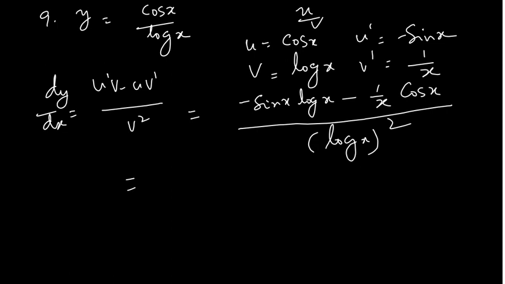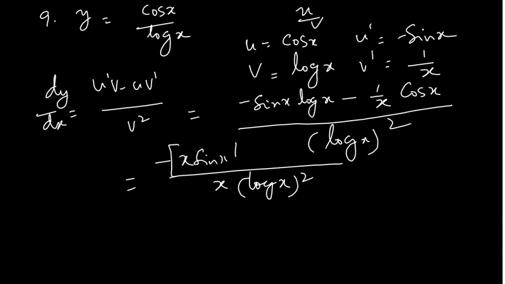So you just do the simplification, minus will be taken out and then x will come down. So you'll have x log x whole squared. Then this x multiplies here, x sin x log x plus cos x. That's it. Okay.